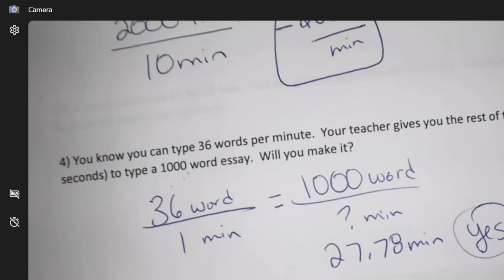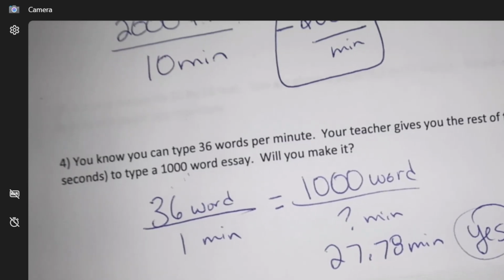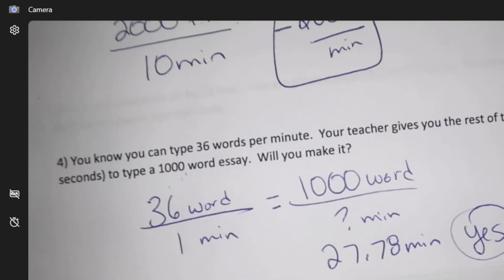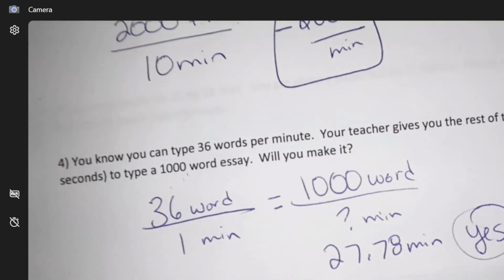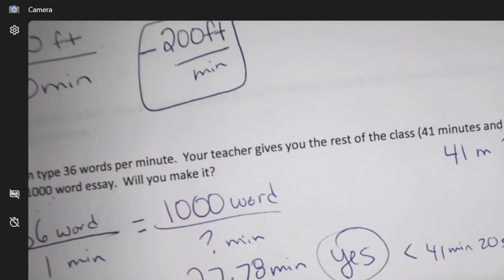Okay, just a side note, what would you do if you used 41 minutes and 20 seconds as a time? How could you write that differently, as just one decimal number?